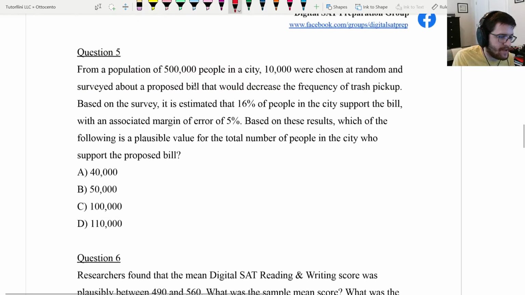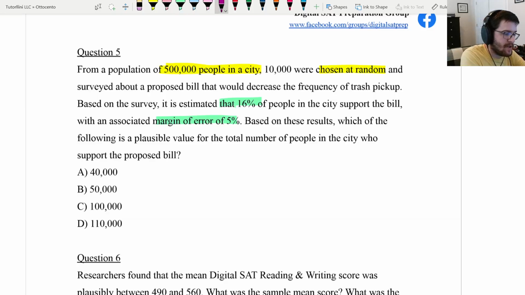Okay, we got one more like this. So it's chosen at random, and the population is 500,000 people who live in a city, and they give us a point estimate of 16% with a margin of error of 5%.